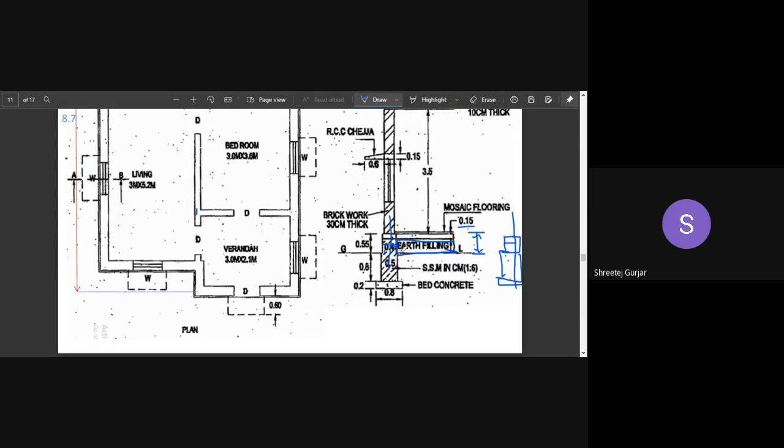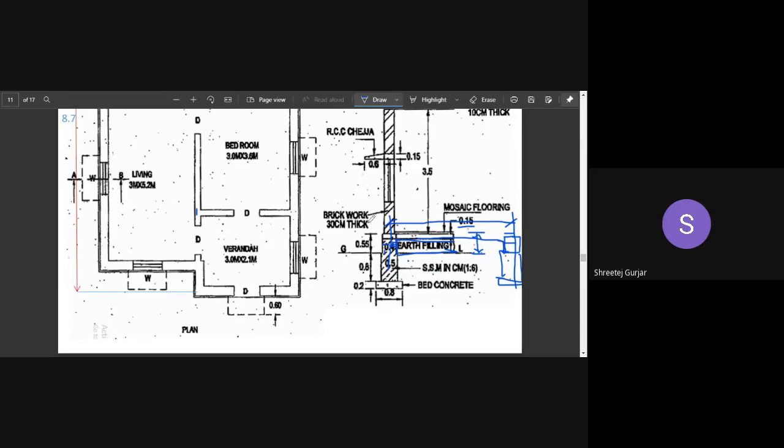And that is how I get my length of my room, one length of my room. This is my center to center length, from here to here. So from the center to center length I have to reduce this 0.4 by 2 and this 0.4 by 2 over here.